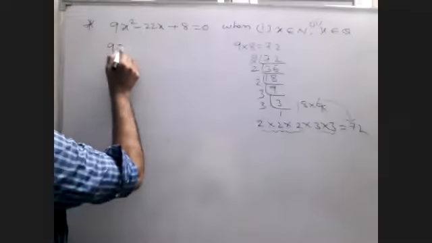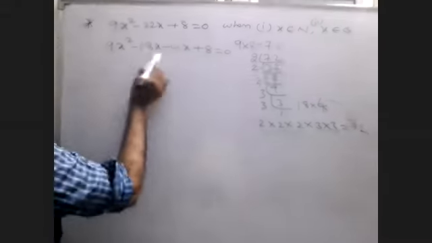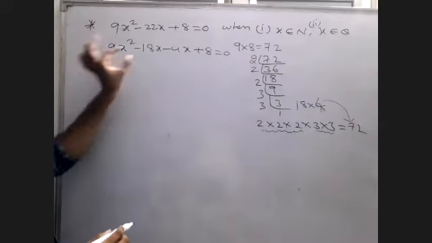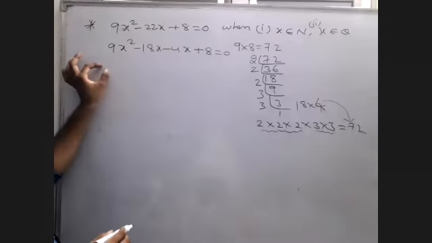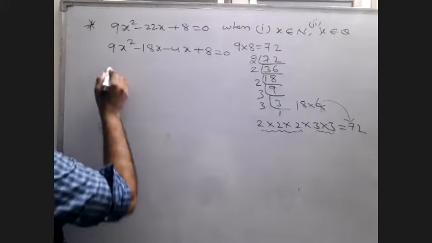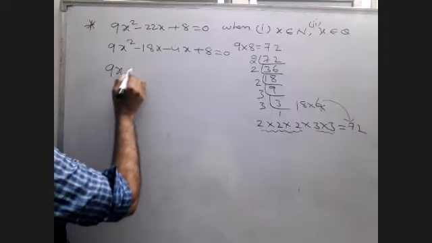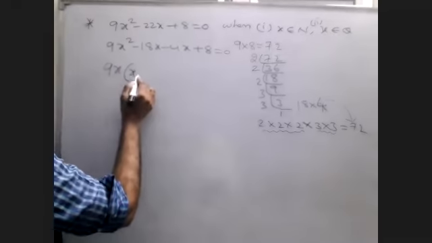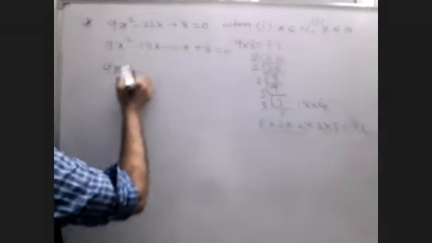So we can write this as 9x square minus 18x minus 4x plus 8 is equal to 0. Now from these two we can take 9 common, and 9 twos are 18, and from these two x also common. So this is 9x taking common, one more x is there, minus here x common, 9 common, 2 is there.